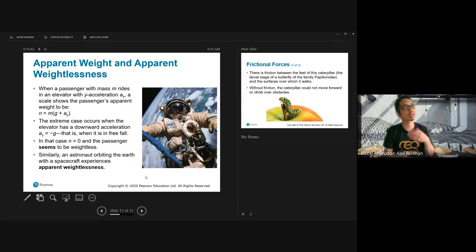Let me give an example, a diving situation. When a diver dives from a height, let's say from 10 meters into the swimming pool, during that motion in the air, the diver is in free fall.